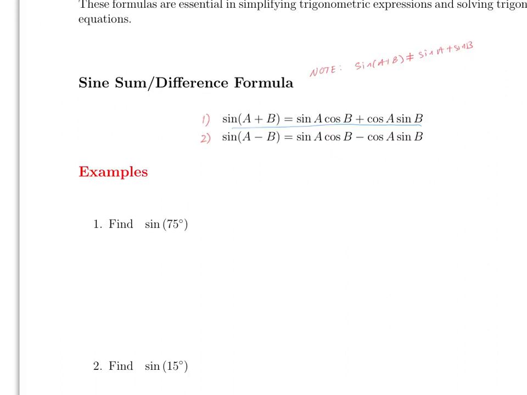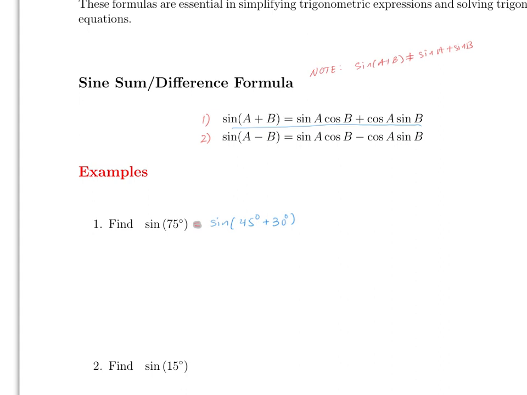All right, so let's see when you can use this formula. Let's start and focus on formula 1. Notice that 75 is the exact same thing as 45 degrees, you can do this in degrees or in radians, plus 30 degrees.